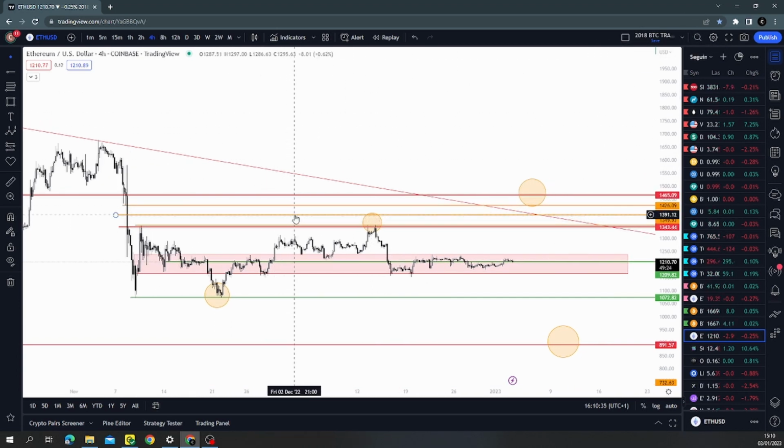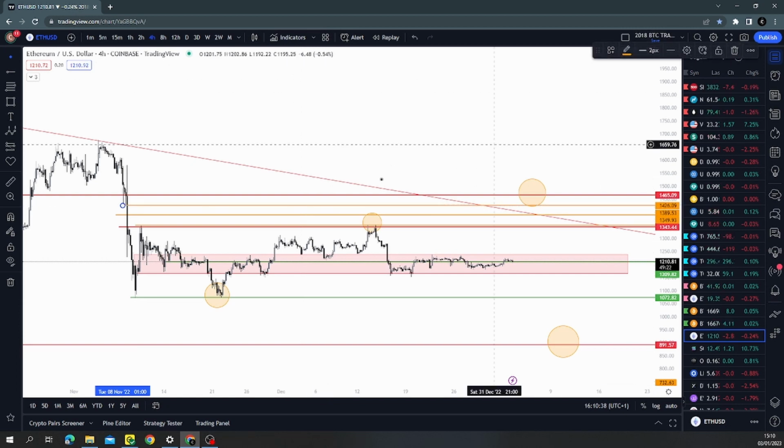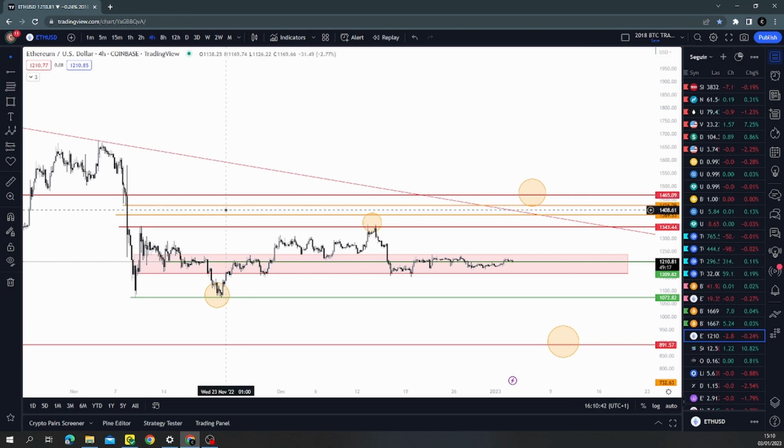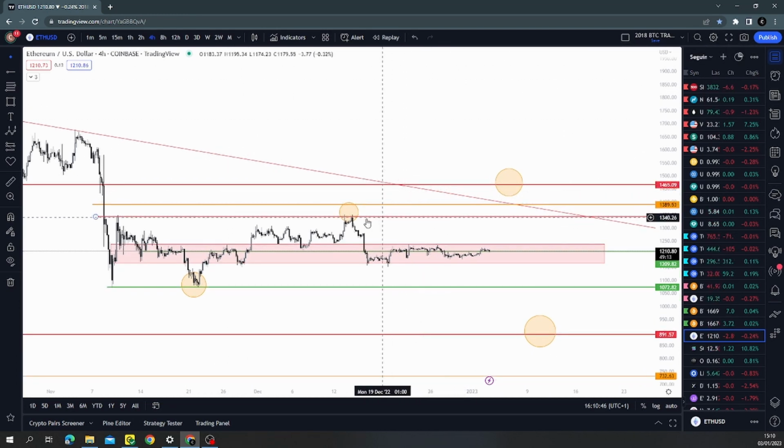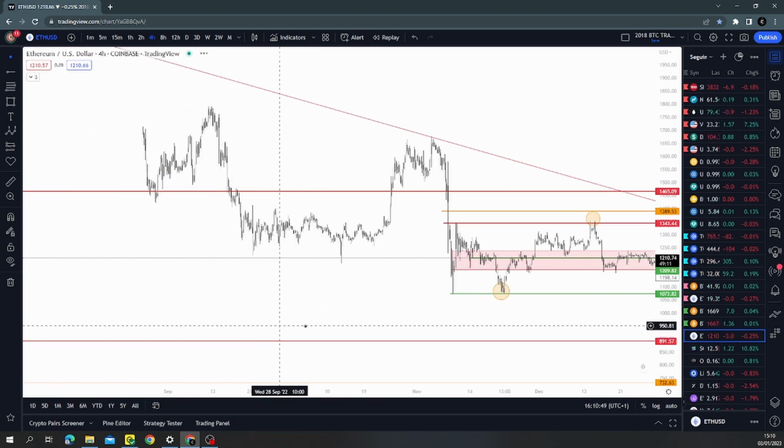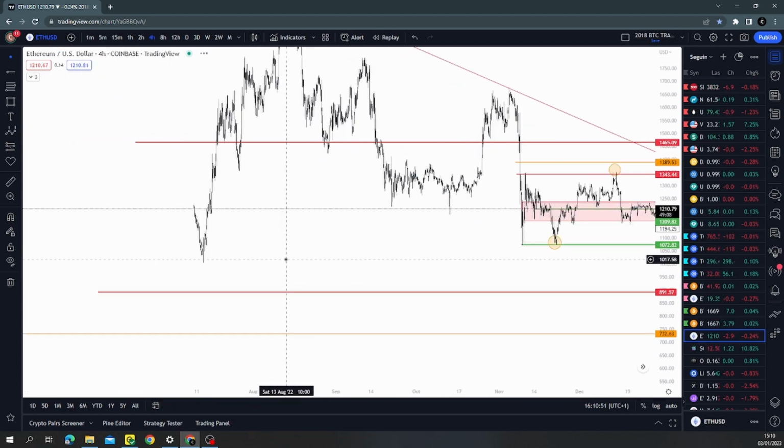This middle point is gonna be our entry point. Okay, let me clear the lower one and the upper one.